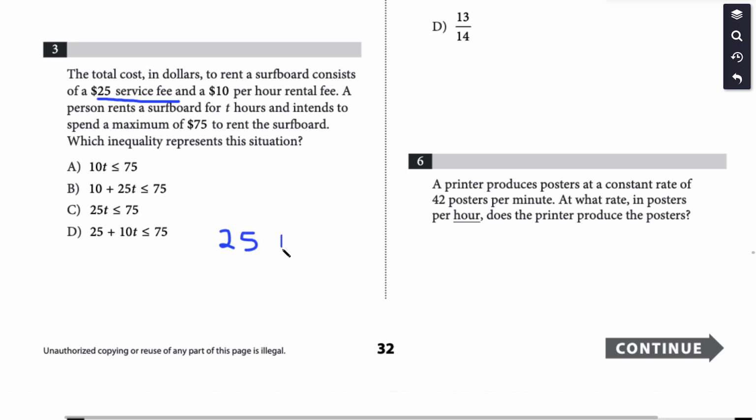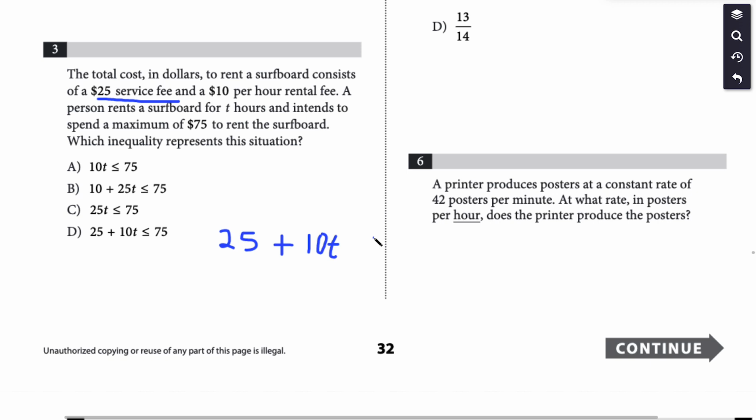So that's not going to change much. That's just going to be just for renting a surfboard. And then there's the $10 fee per hour, right? So we can put the $10 and then we can multiply that by t, right, for however many hours you rent the surfboard. And then it says that the person rents the surfboard for 2 hours and intends to spend a maximum of $75 to rent a surfboard. So $75 is the absolute max, right?